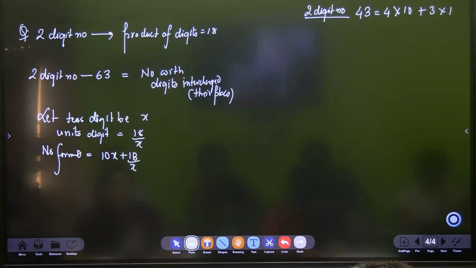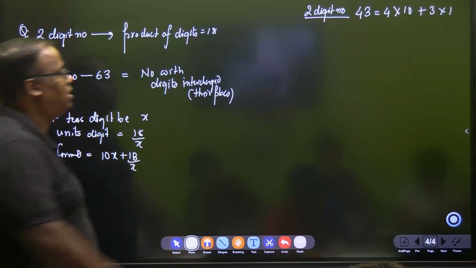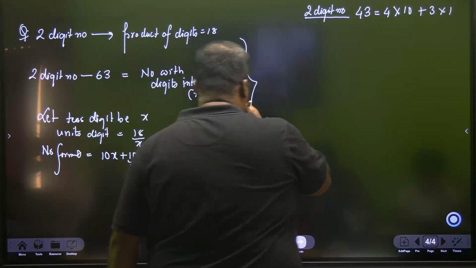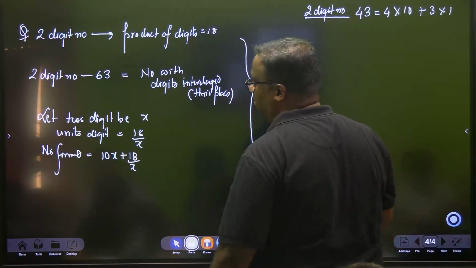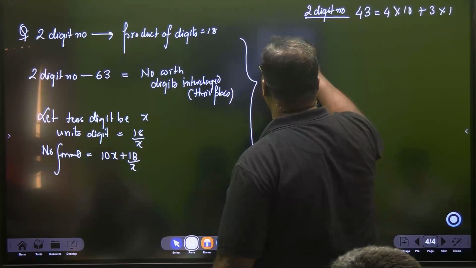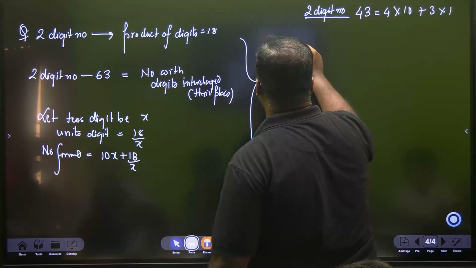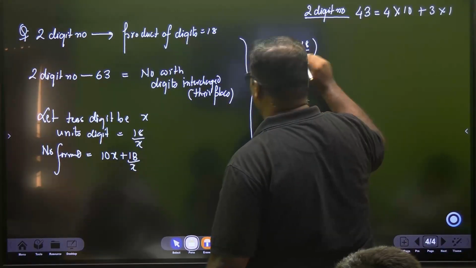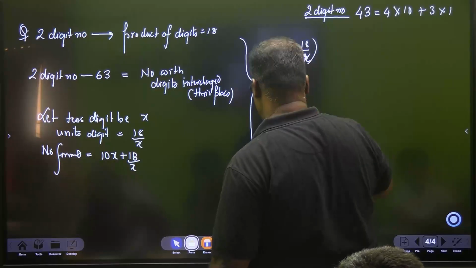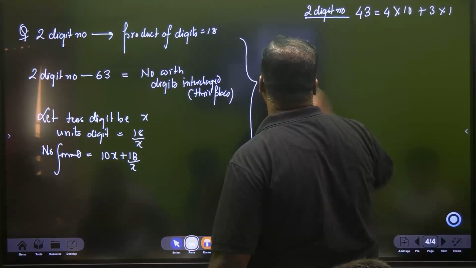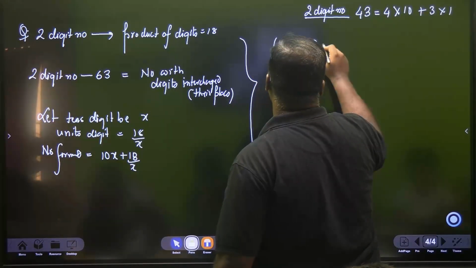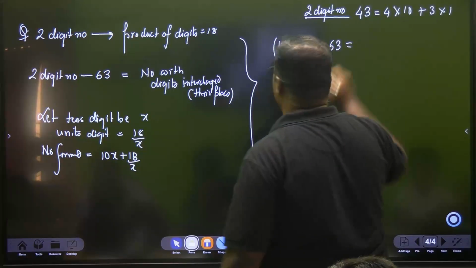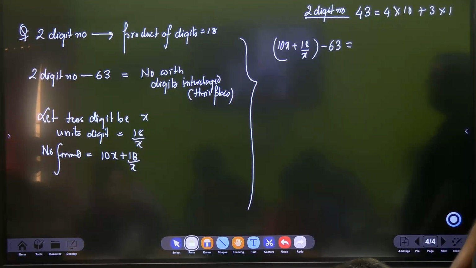Clear? Now what is the condition of the question? The question says that if you subtract 63 from this number, that is 10x plus 18 by x, you get a number with the digits interchanged.